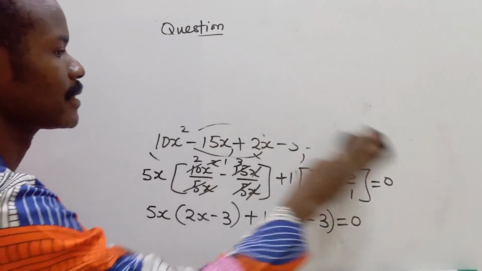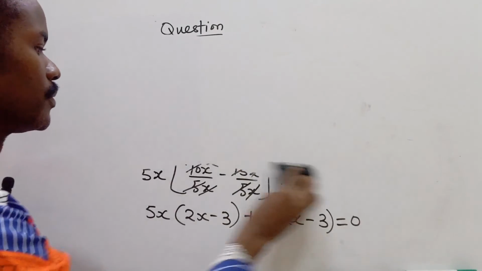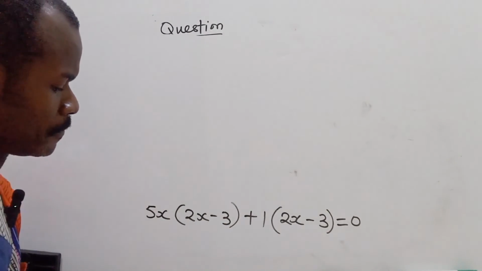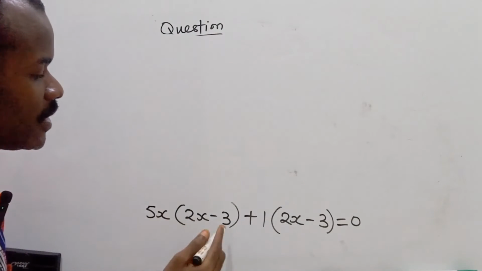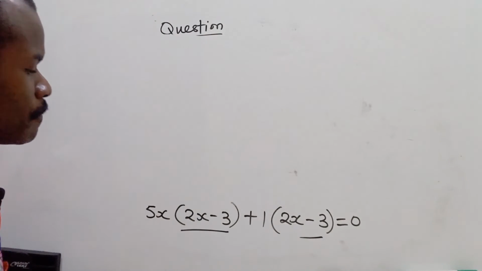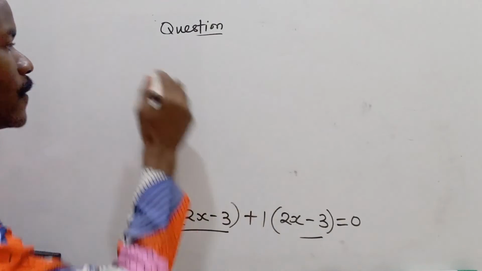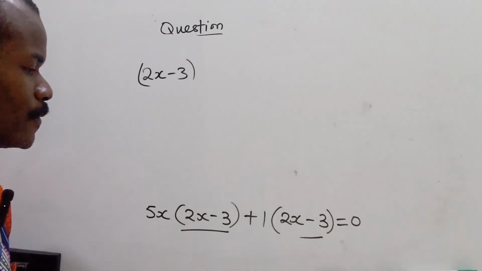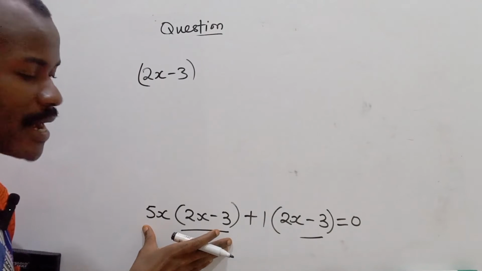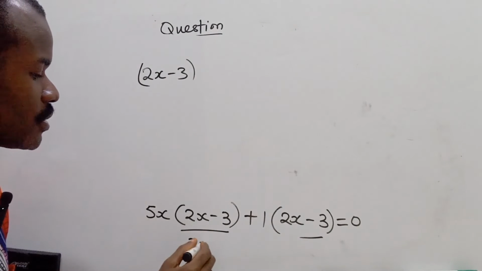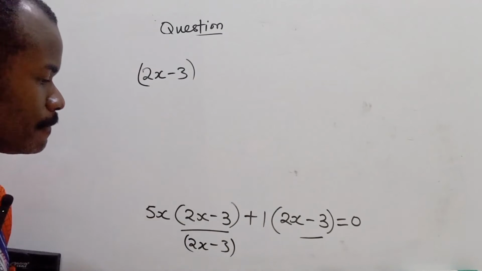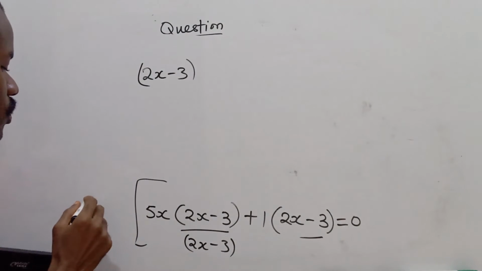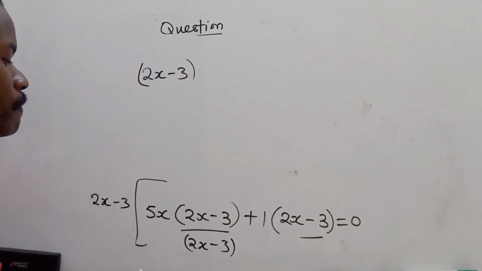we can further simplify what we have here. Now what is common here is this and this. So since this is common, we are going to bring it out, 2x minus 3. So if I divide this part by 2x minus 3, okay, I haven't brought out this, which is what? 2x minus 3.